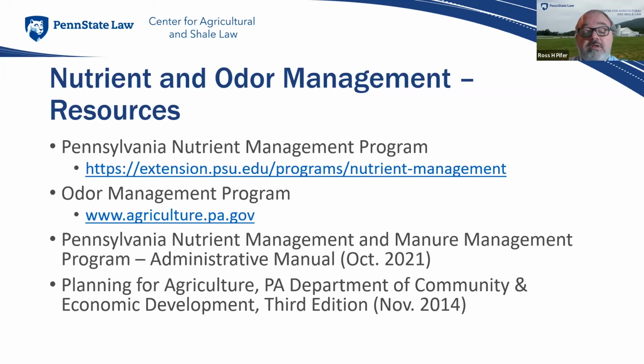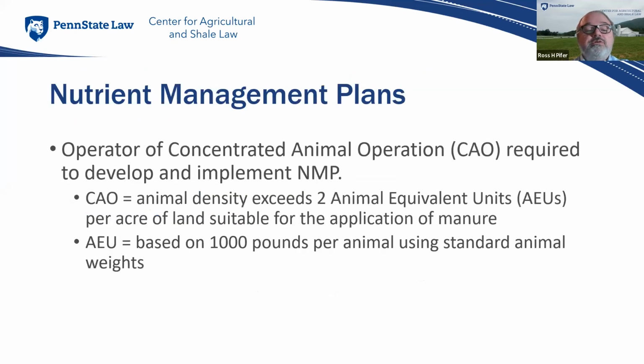This is prepared by the State Conservation Commission, and it really is focused on giving guidance to conservation districts. But I think it's a good resource to look at, and you can Google that. You can find it on that extension website that's listed under the first bullet. And then the fourth bullet, Brooke mentioned that earlier, the DCED planning for agriculture document.